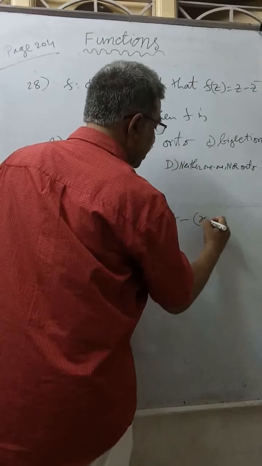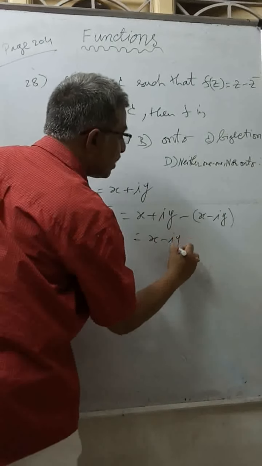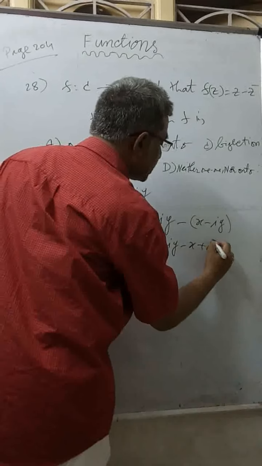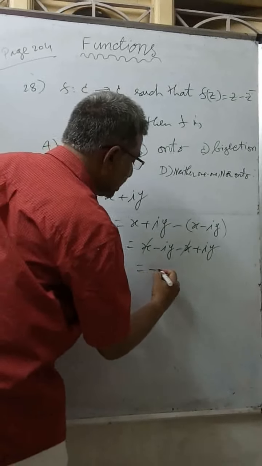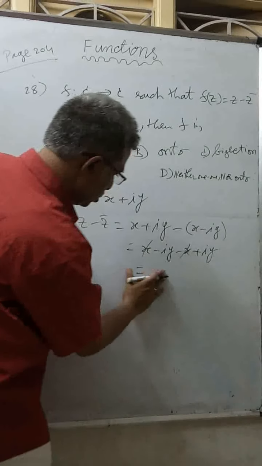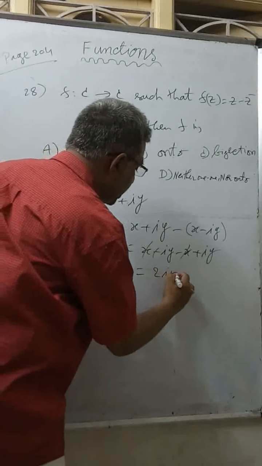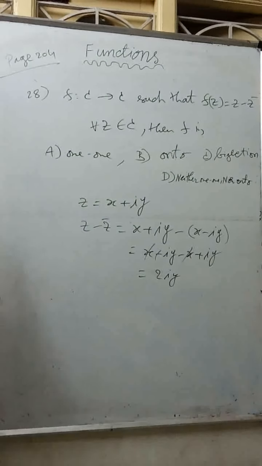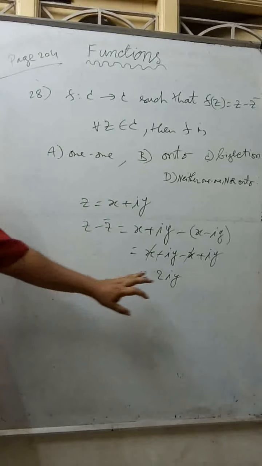So x plus iy minus x plus iy, x cancels, giving plus 2iy. From this, z minus z bar is 2iy.